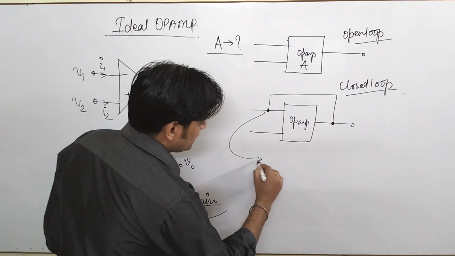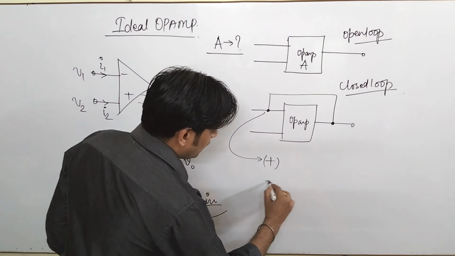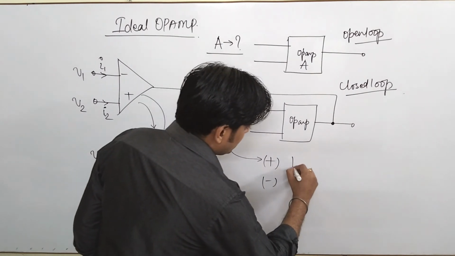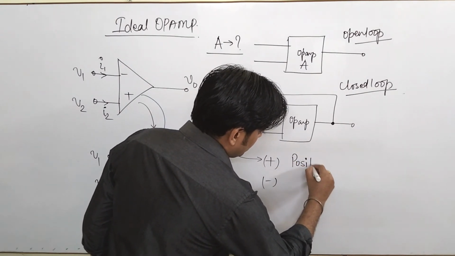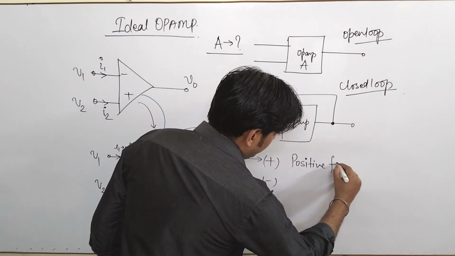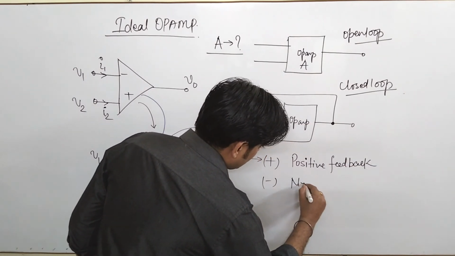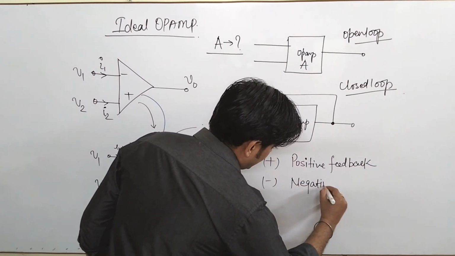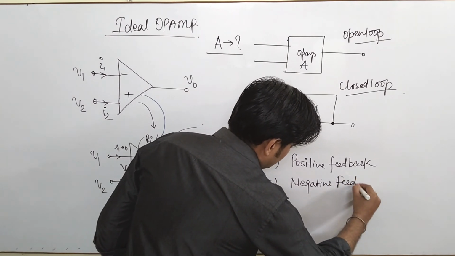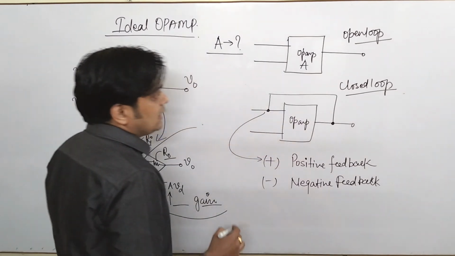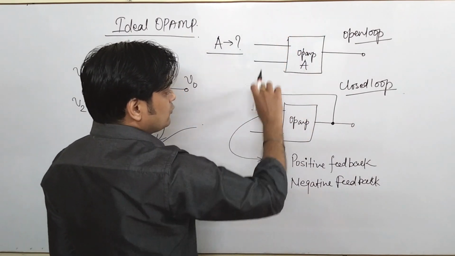Now there are two categories: if you add it, it is known as positive feedback, and if you subtract it, it is known as negative feedback. So this is an open loop, and this is a closed loop.